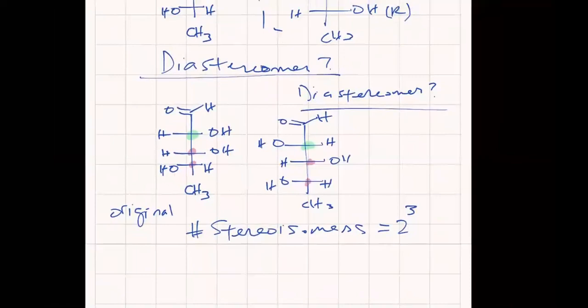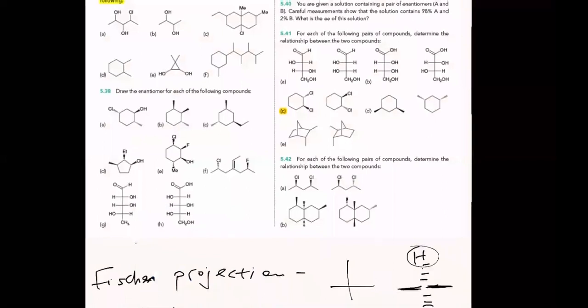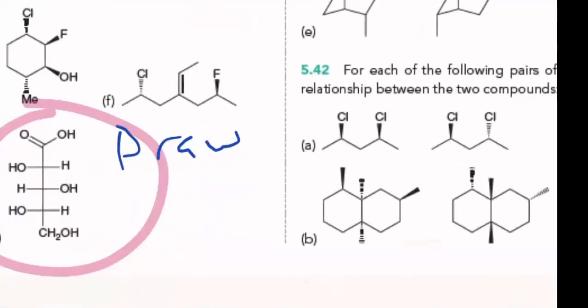So what you need to finish on your own, let me go back up to here. I'm going to highlight it. You need to finish this problem right here, the other Fisher projection, and you're going to do the same thing. Draw the enantiomer. I need to zoom so I can write smaller.